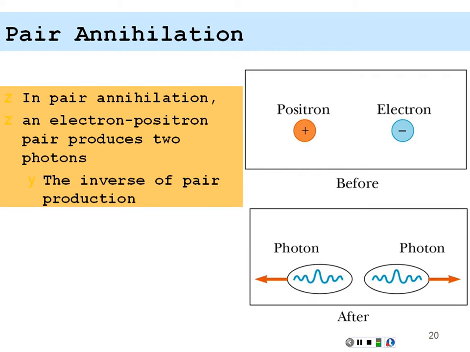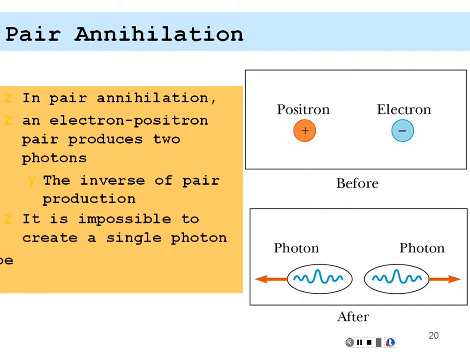You can't produce a photon and have it just travel in one direction with momentum. You must have 2 so that your total momentum remains constant, or 0 if these 2 were annihilated at one point. So momentum must be conserved. We'll have 2 photons produced in pair annihilation.